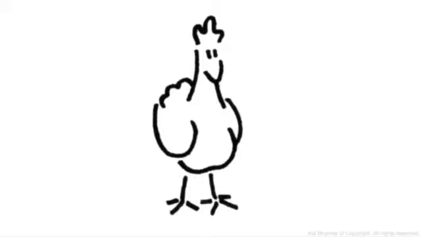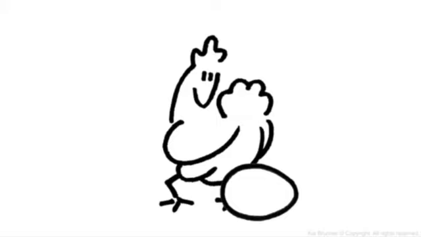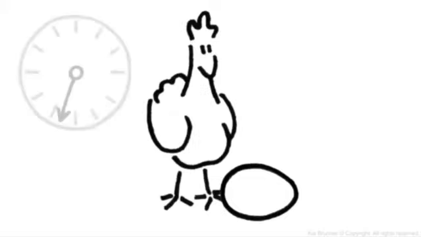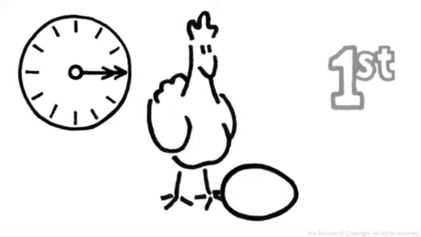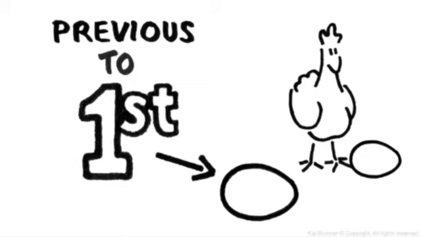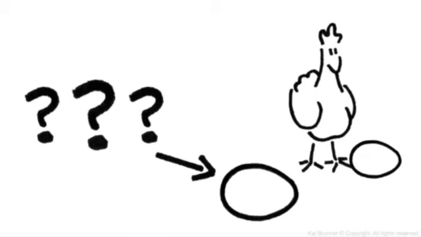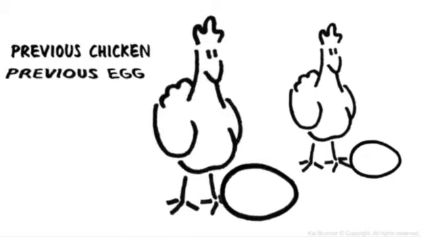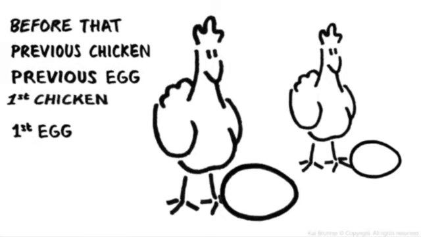Today we know that chickens come from eggs, and eggs come from chickens. Then, when we venture back in time to establish how the first chicken laid the first egg, we get all confused figuring out where that chicken hatched from the previous egg before laying the first egg, to conclude that there was a chicken to lay the previous egg from the first egg that was laid by the first chicken.